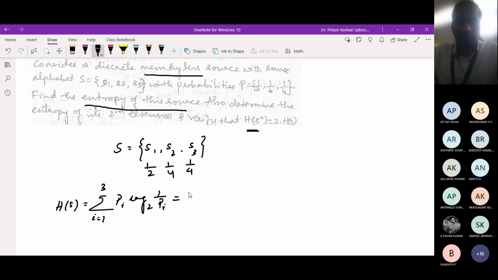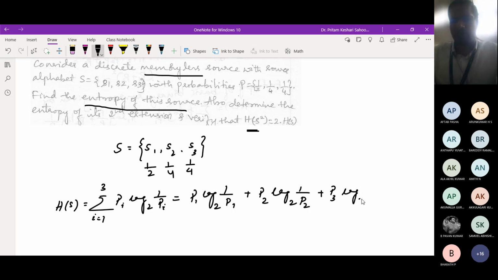So that equals p1 log base 2, 1 by p1 plus p2 log base 2, 1 by p2 plus p3 log base 2, 1 by p3.